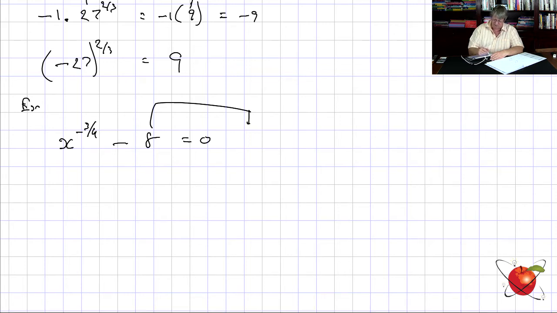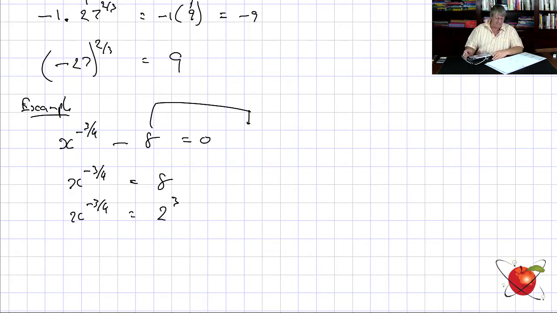Let me just write this as an example. We take the 8 across. x to the power of minus 3/4 is equal to 8. Prime factor: don't write 8 there. We say x to the power of minus 3/4 is equal to 2 to the power of 3.